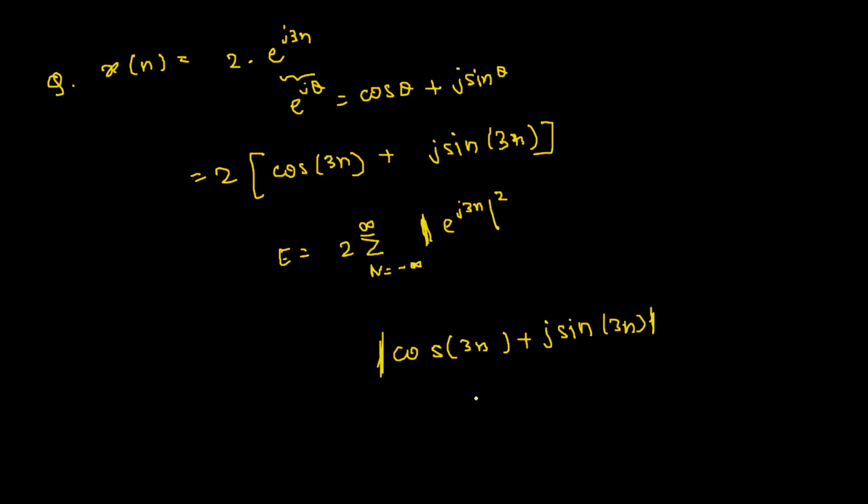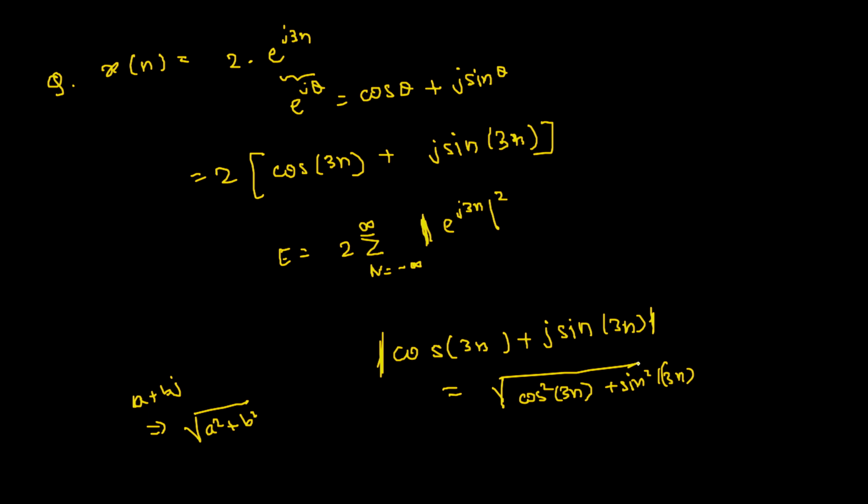When you have a complex number a plus bj and you're trying to find its magnitude, it's given by root under a square plus b square. Similarly, when you find the magnitude of this function, you get root under cos square 3n plus sine square 3n. And we know that cos square x plus sine square x is 1 and root of 1 is 1.